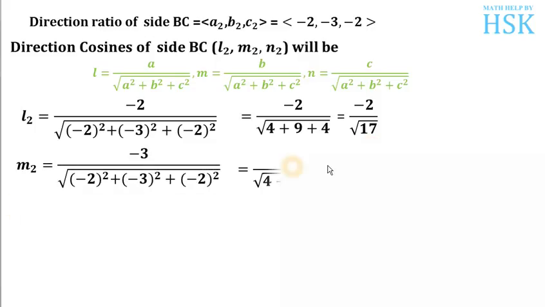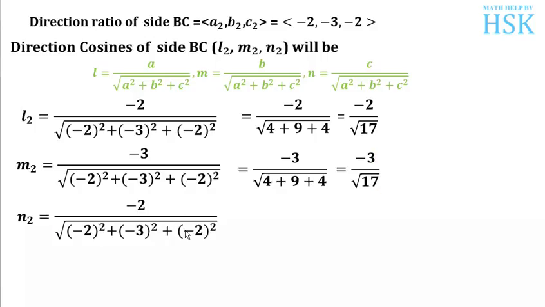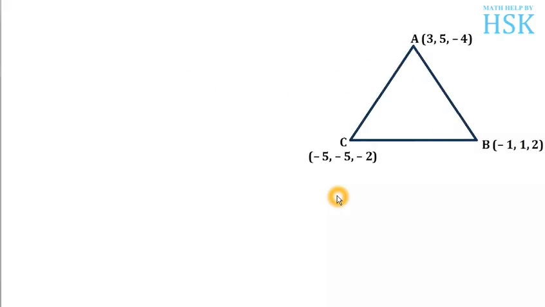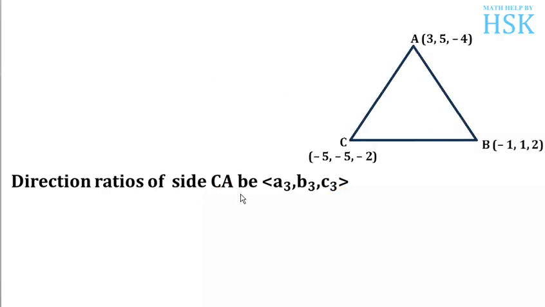Similarly, m2 will be equal to minus 3 upon the square root of 17, and n2 is equal to again minus 2 upon the square root of 17. So this denominator is going to remain same, only the values b2 and c2 are going to be used here. Therefore the direction cosines of BC are minus 2 upon root 17, minus 3 upon root 17, minus 2 upon root 17.